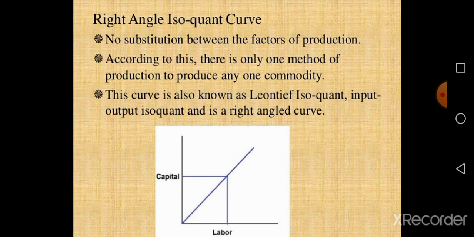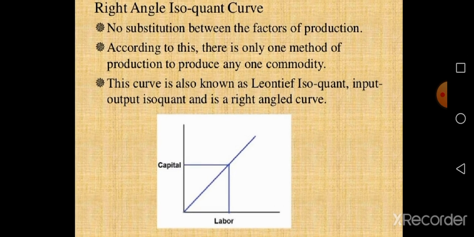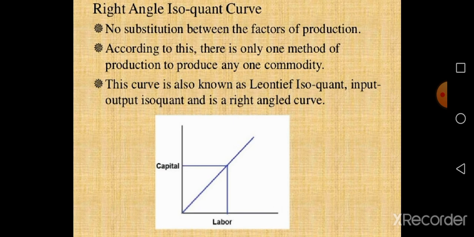This curve is also known as the Leontief isoquant curve. This is the input-output isoquant and is a right angle curve.